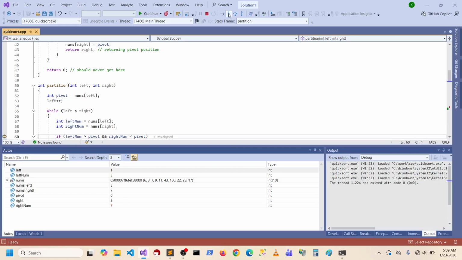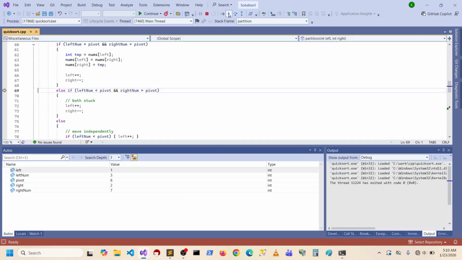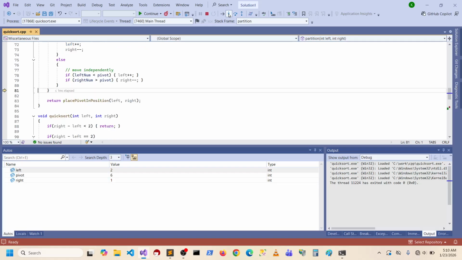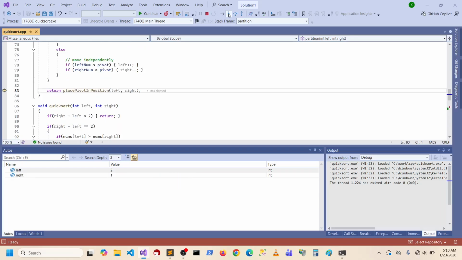Yeah, 3 and 7. So those are in place. So pivot nums right. Okay, both stuck. Okay, so now they're equal again. Oh, no, they're not. It's greater than. Which should still trigger it.